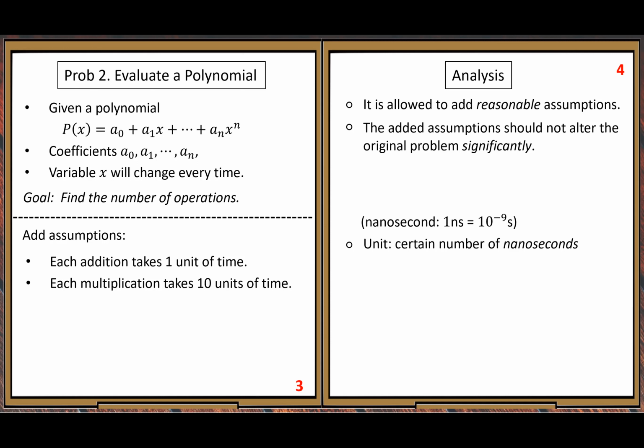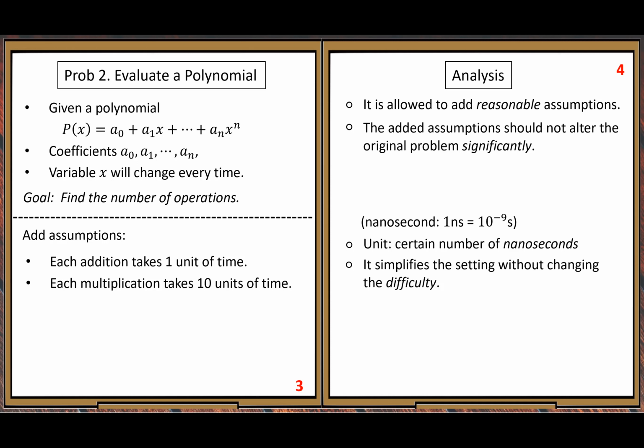But we don't need exact, so that should be good enough. 1 to 10 ratio. When you do one multiplication, in the same amount of time you can do 10 additions. That's approximately the ratio.